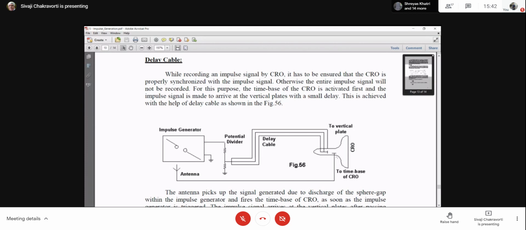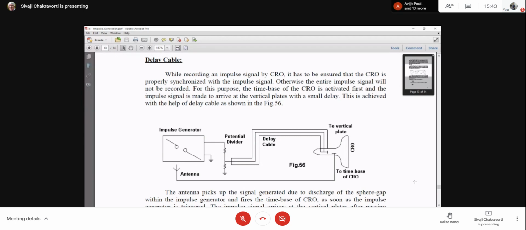That means this cable incorporates an intentional delay in the wave propagation of the impulse. So the antenna signal comes without any delay, and the time base is fired first, whereas the Y plate is triggered later with a delay. So when the Y signal comes, the time base is already on, and the entire impulse wave will be recorded.